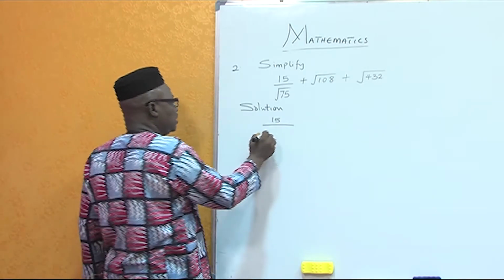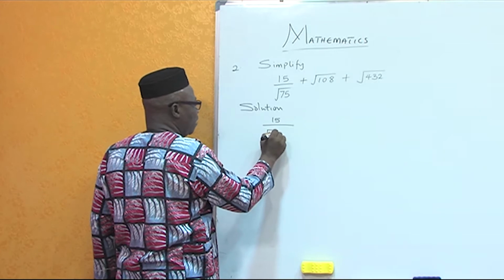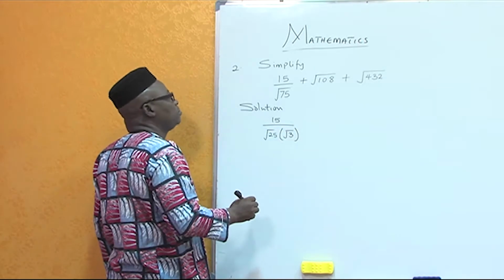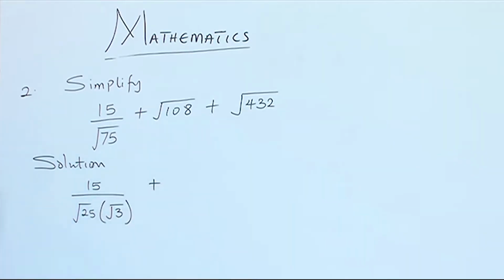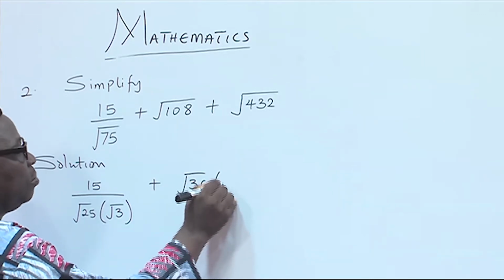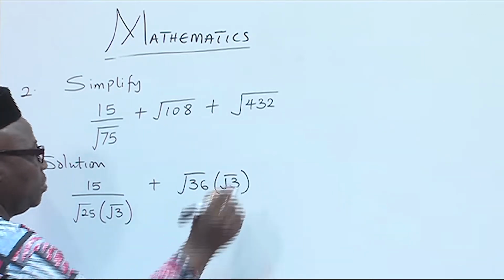So I'm going to write it as root 25 multiplied by root 3, then plus root 108 can also be broken down using the perfect square. So I'm going to write it as root 36 multiplied by root 3.